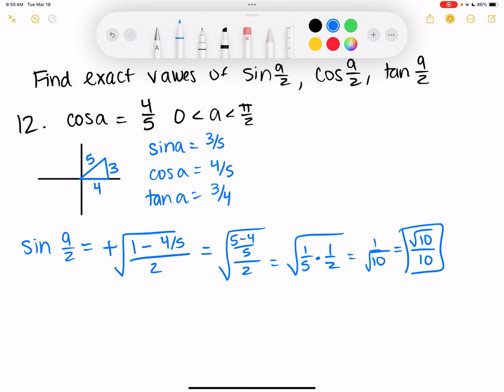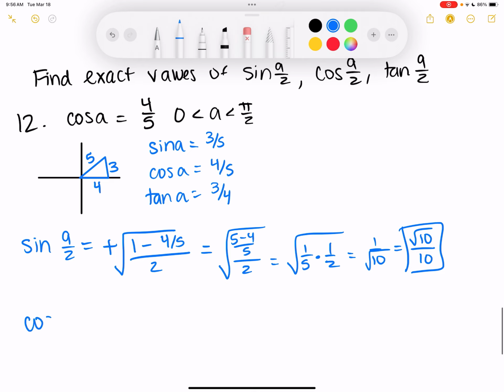That's only one. Cosine of A over 2. What's the formula for that? Positive root of 1 plus cosine A over 2. So that would be 1 plus 4 over 5 all over 2. Positive root.